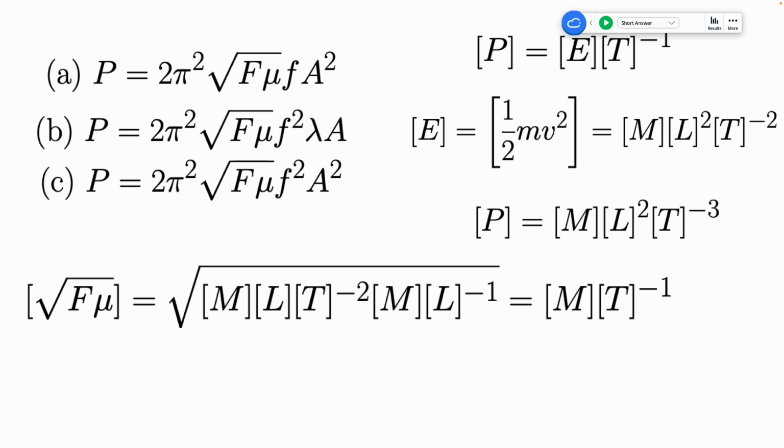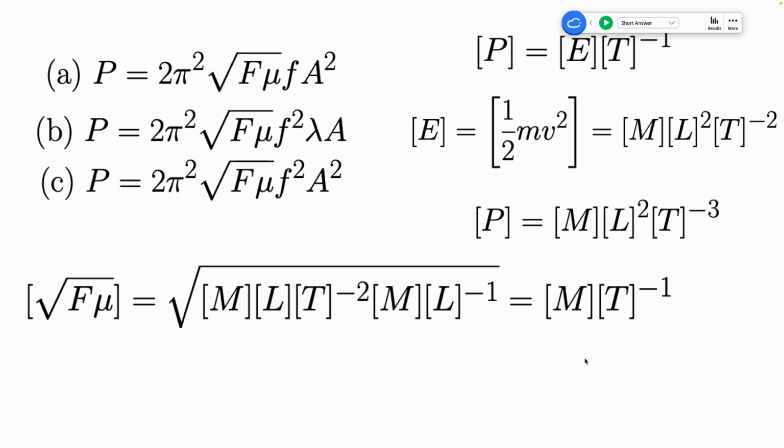So multiply them all together, you have mass squared, the lengths cancel, and time to the minus 2. The square root just divides every power by 2. So at the end, you know the square root of F times mu has a dimension of mass per time.